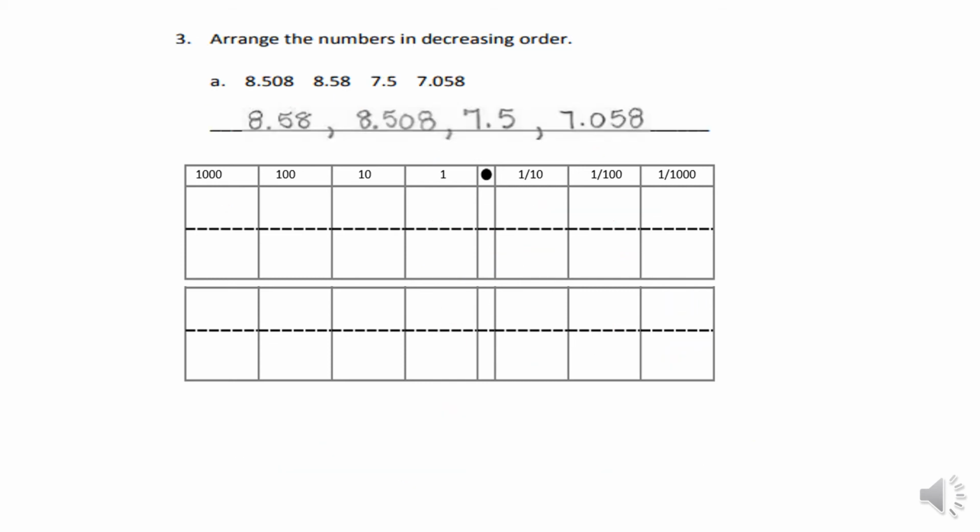Now the number 3a was done for us, but this one here is telling us to do it in a decreasing order. That means we're going to start with the largest and go to the smallest number. So with the same place value, I'm going to go ahead and put the numbers in. 8 and 508 thousandths.